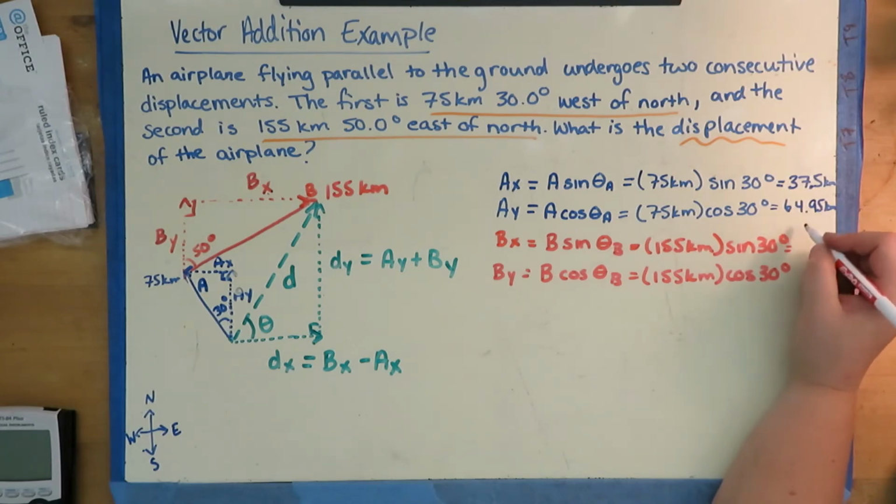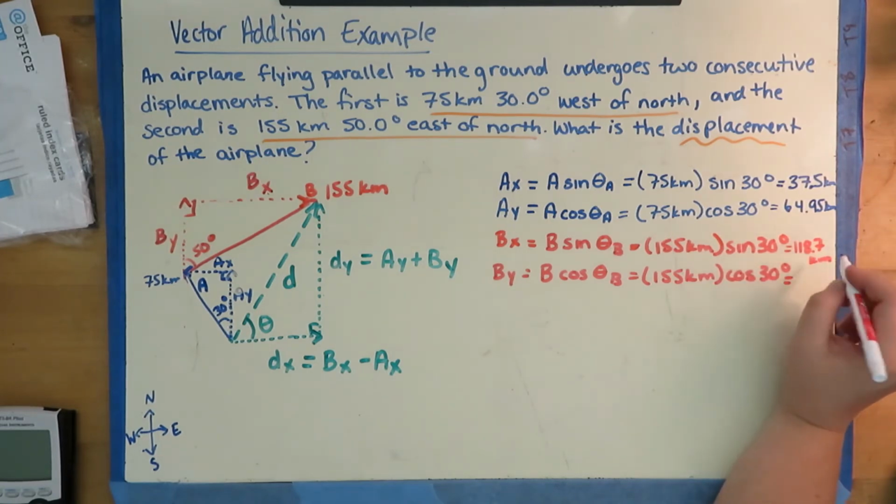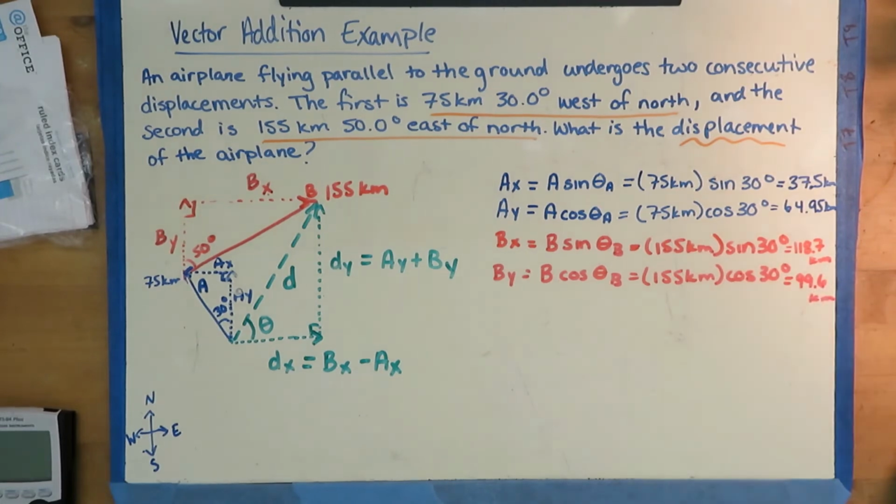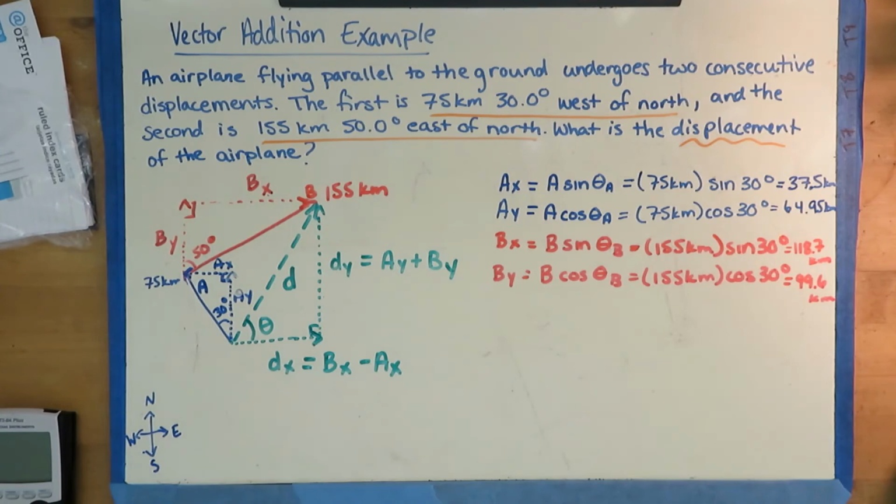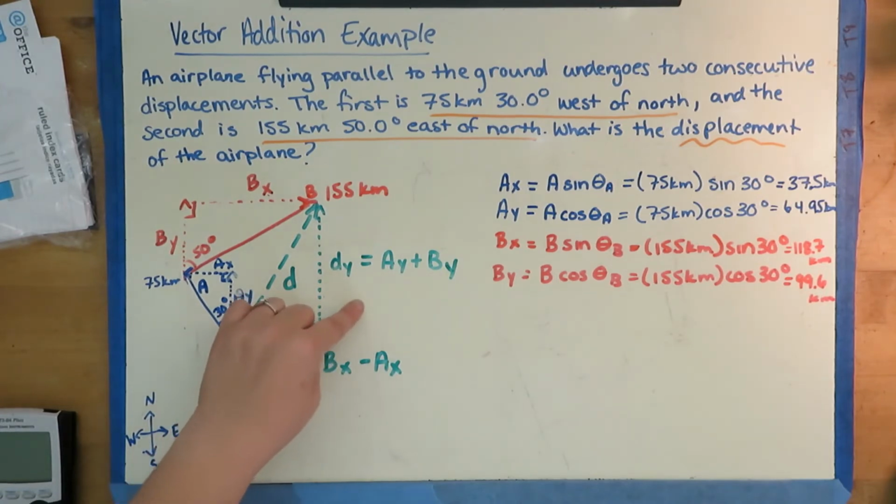BX is going to be about 118.7 kilometers. And BY is going to be 99.6 kilometers. So I don't want to do too much rounding early on for those problems. So now I can just plug into these formulas.